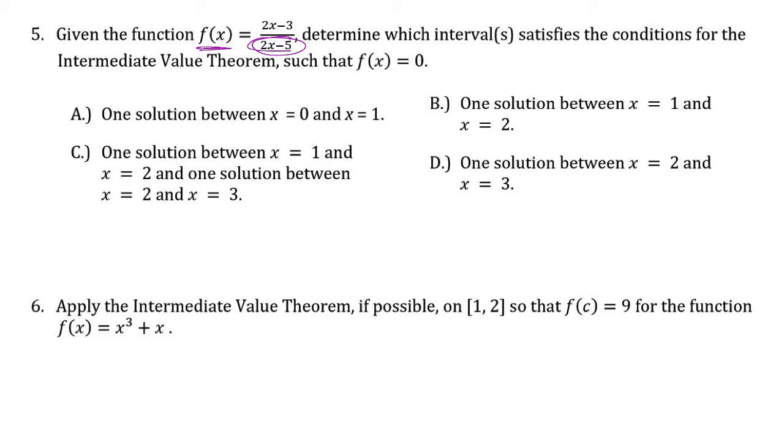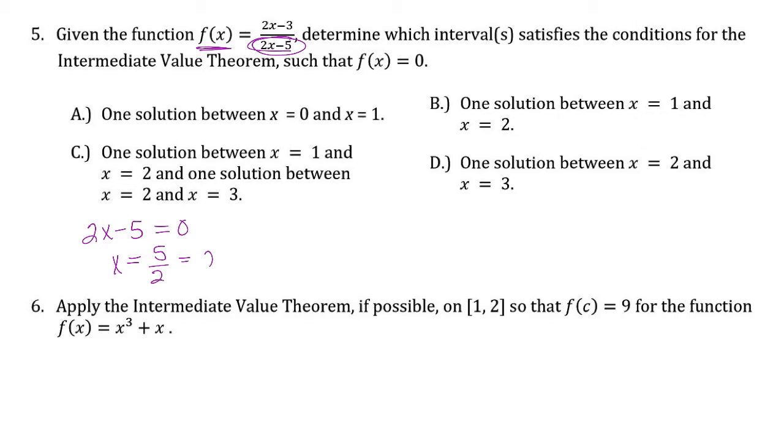And with rational functions, we run the chance of having a vertical asymptote and or a hole in the graph. So notice that we have a denominator here, and I need to set that denominator equal to 0 and solve so that I see where I'm going to have a vertical asymptote.